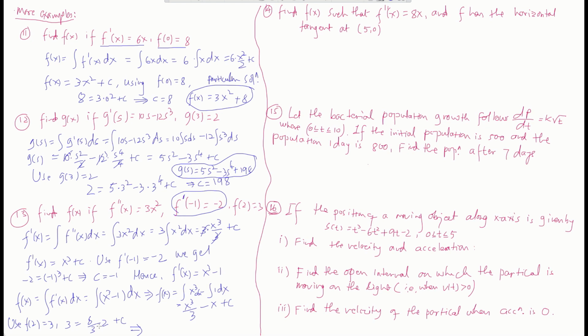It is 2 thirds, because 2 is 6 thirds, so 8 thirds minus 6 thirds. You can use a calculator to solve for c, but this is 2 thirds, and then subtract 2 thirds from both sides. So it will be 9 thirds minus 2 thirds, which is 7 thirds. So you will get c equals 7 over 3. Now you plug in, therefore f(x) equals x cubed over 3 minus x plus 7 thirds. This is your final answer. Okay guys.